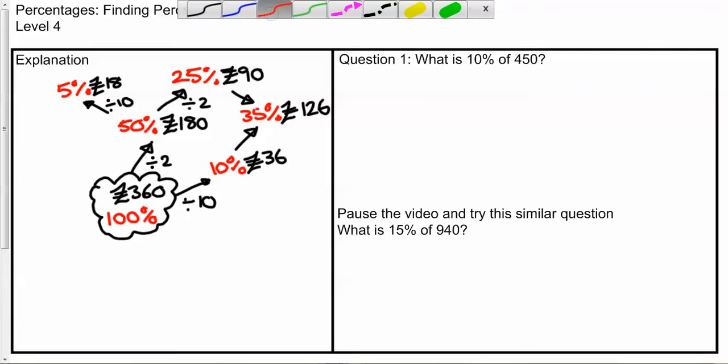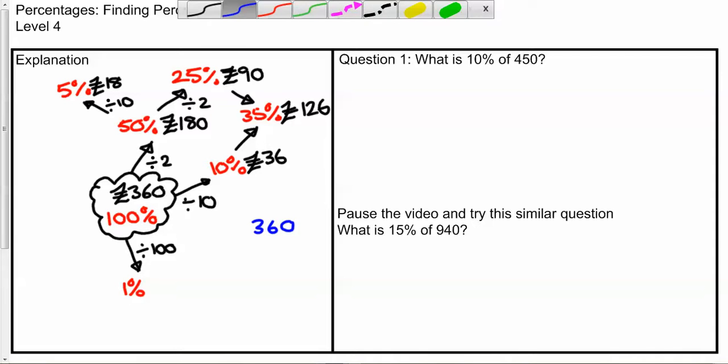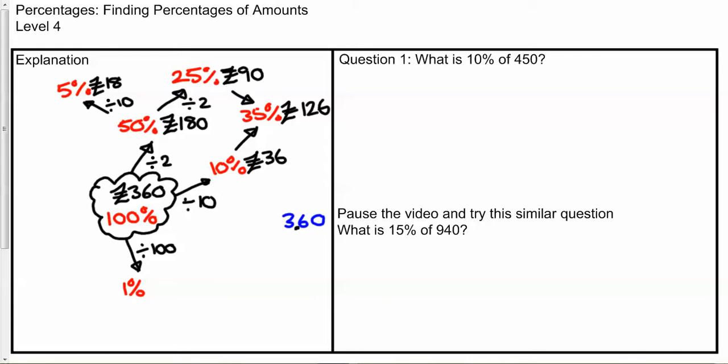And probably the easiest way to find any percentage is to start by finding 1%. Now 1% is 1/100th of 100%. It goes into 100% 100 times. We're going to need to divide it into 100 bits to find out what 1% will be. If you take 360 and think about the fact that the decimal place is just after the 0 on the right hand side, if we divide it by 100, it's going to jump twice, so the decimal point ends up between the 3 and the 6.